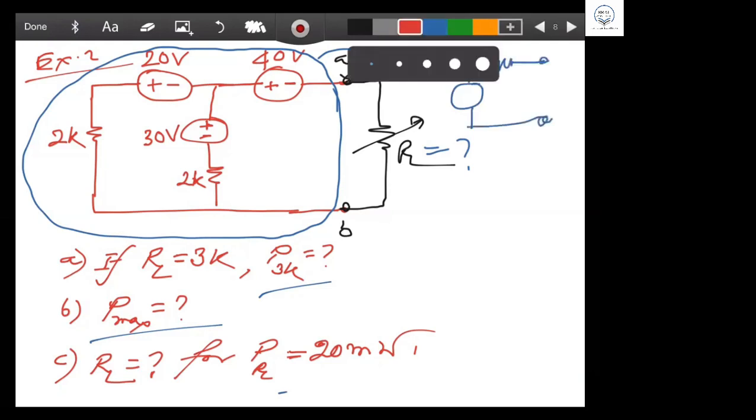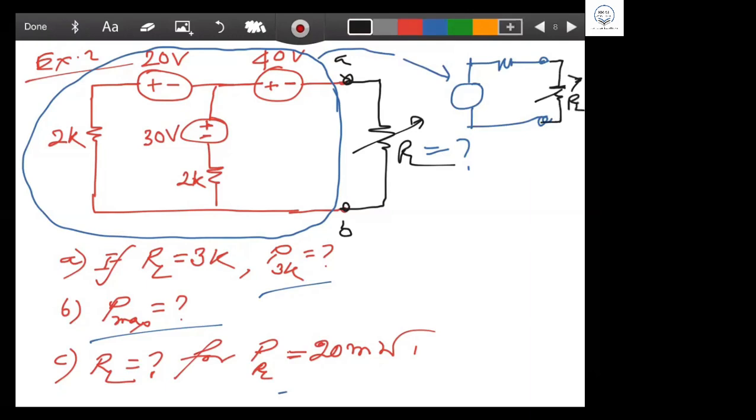Then you bring back the RL here, and RL is equal to R Thevenin. Now all you have to find is the value of R Thevenin and the value of E Thevenin. That is your main job now. First job first. After that, you go one by one. You understand me?